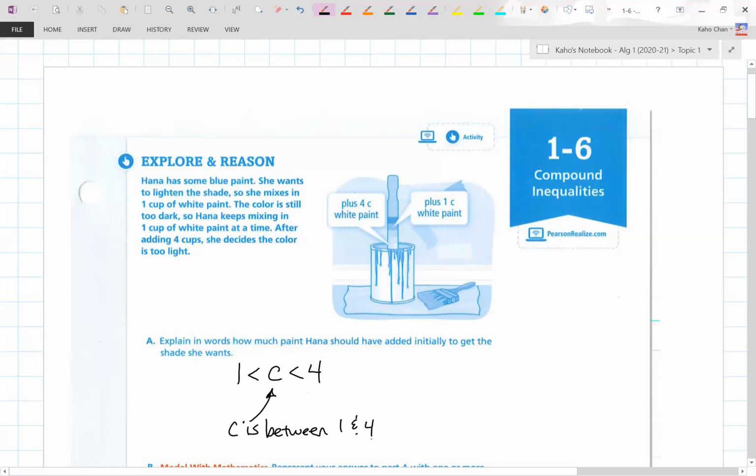Now remember, 1 cup of white paint was not enough. 4 cups of white paint was too much. I'm going to actually break down this compound inequality into 2 separate things. That is, C is greater than 1 cup of white paint, read in the other direction.